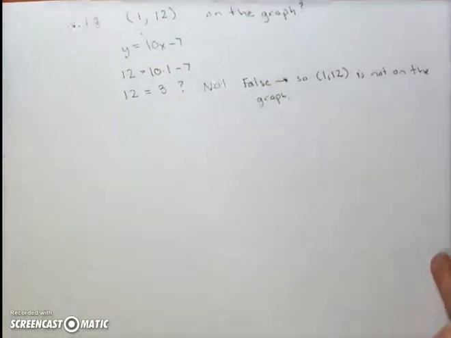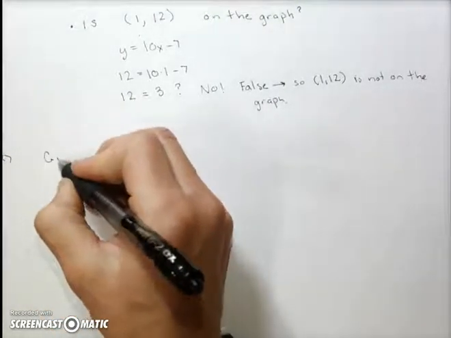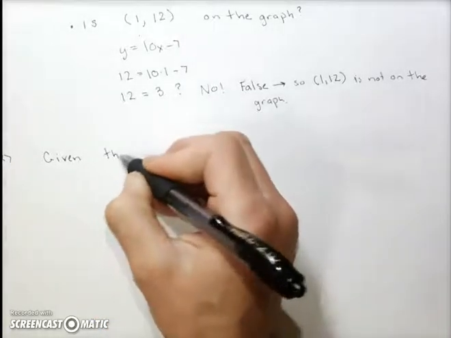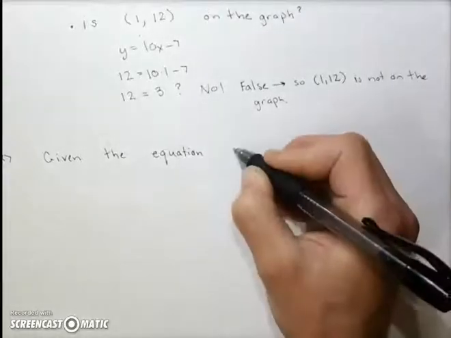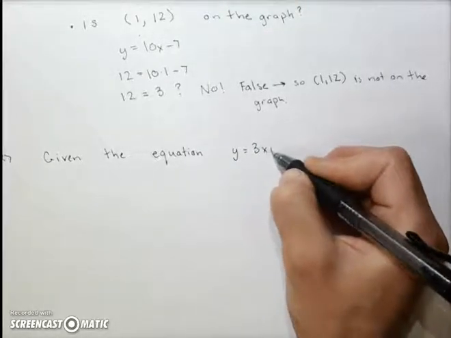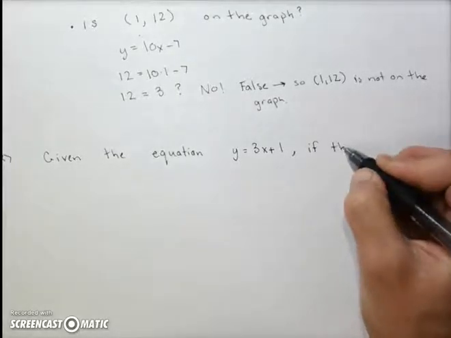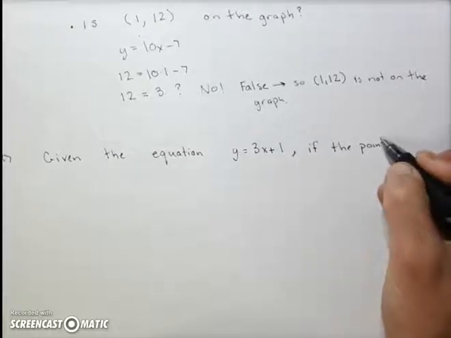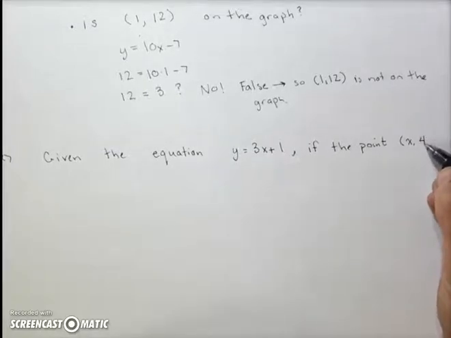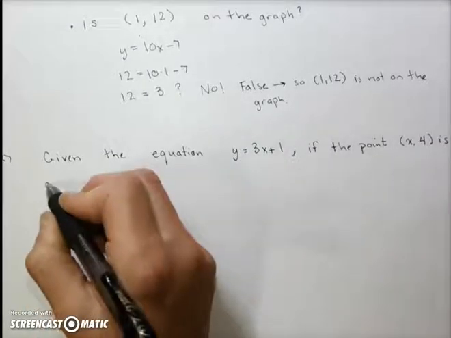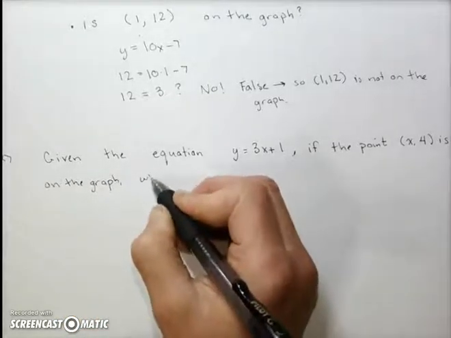So let's do one more example. So given the equation y equals 3x plus 1, if the point, let's say x comma 4, is on the graph, what is x?